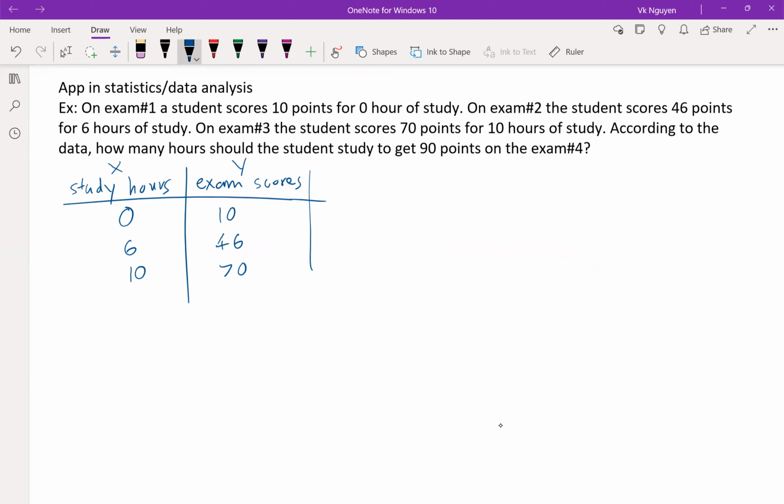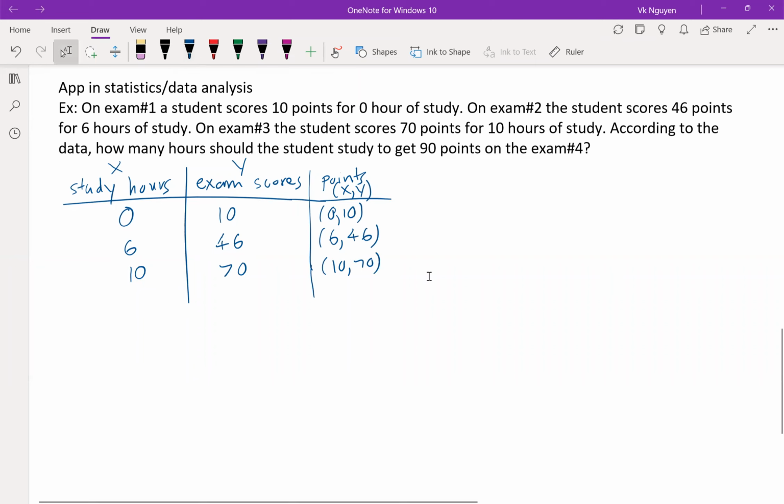And then from here, we can get the points x, y: 0, 10; 6, 46; 10, 70. We can plot the points and see what they give us.